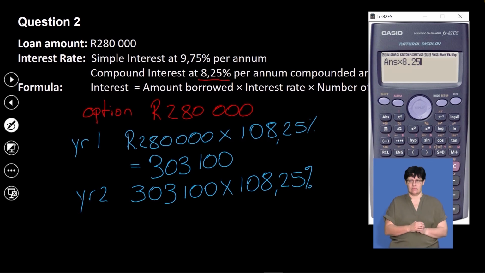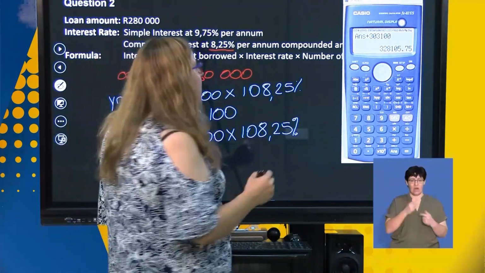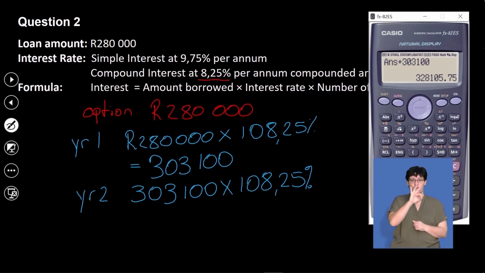Let's try that again. And for that I get, that's the interest. But now to that I need to add my original 303,100. So when I do the step like I did for year 1, it gives it to me actually in one step. So that's 328,105.